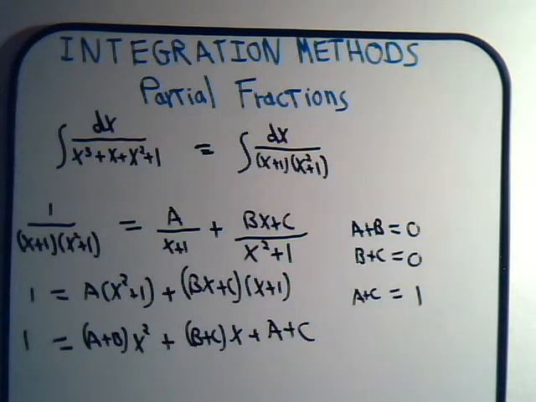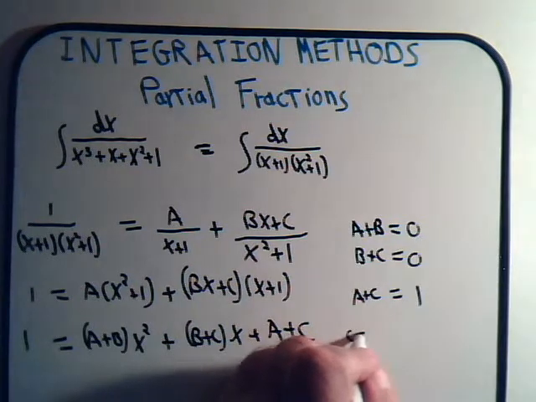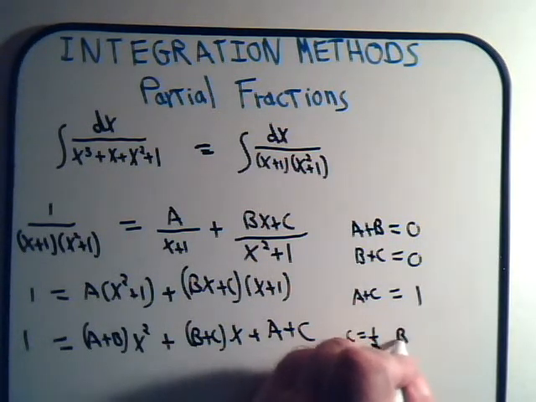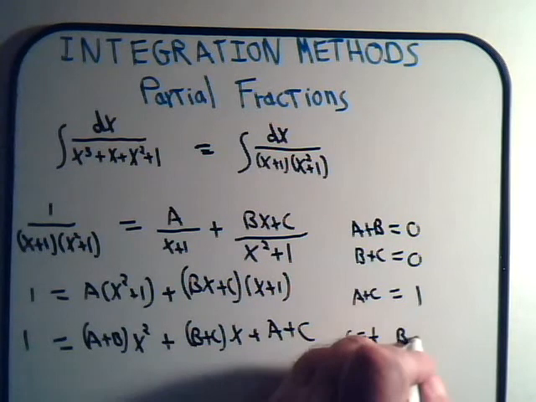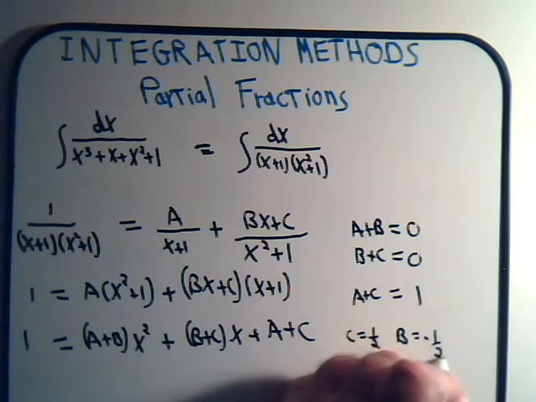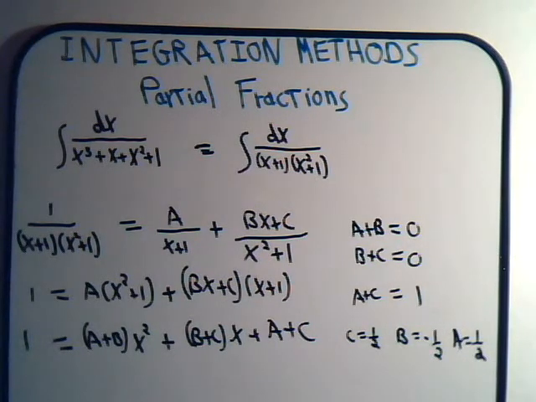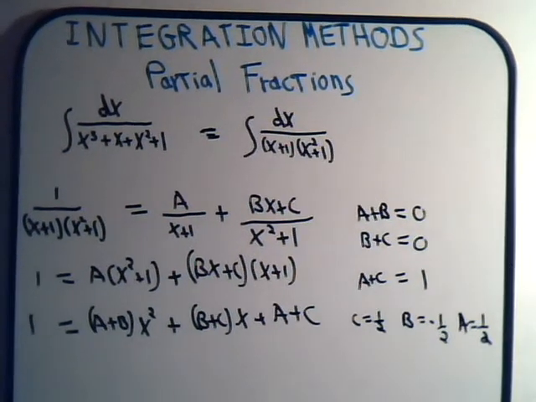Okay, if we go through the algebra here, we'll see C equals 1/2, B is minus 1/2, and A becomes plus 1/2.